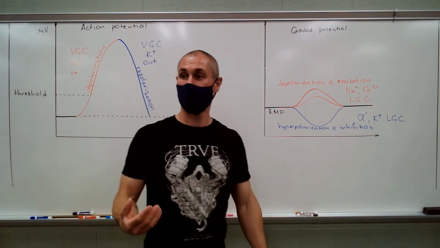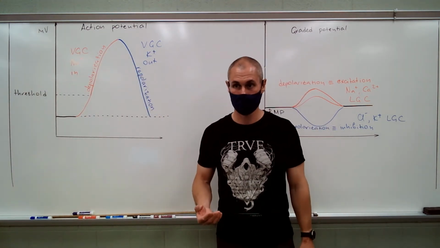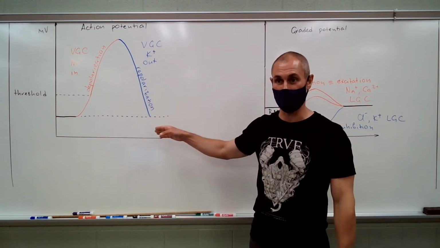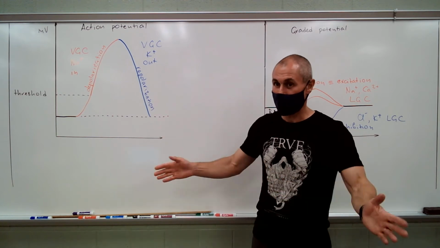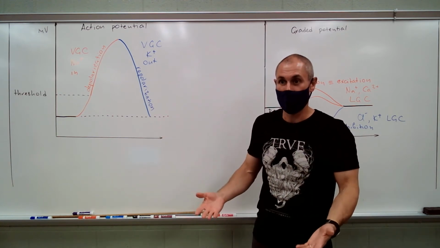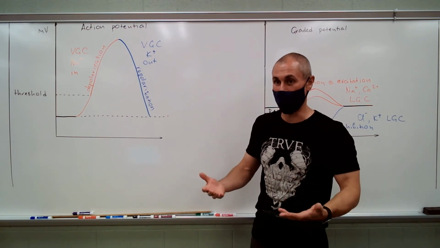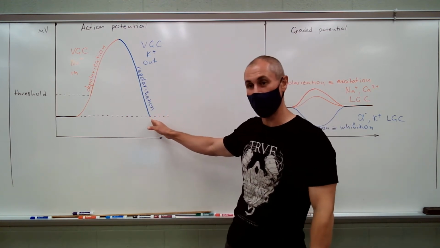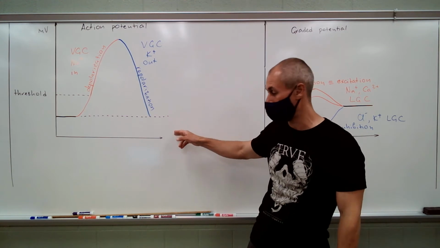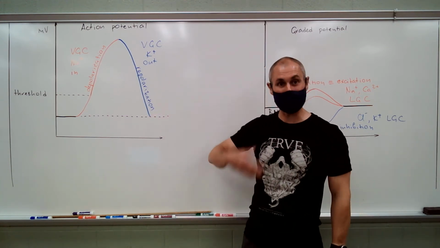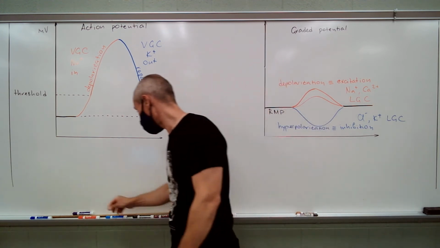Potassium channels are slowpokes. They don't close when the cell reaches resting membrane potential. They just stay open. They're slow. They should close, and they will, but not right away. So what you have is a little bit of an overshoot. Although the cell is at the normal potential, potassium keeps getting out.